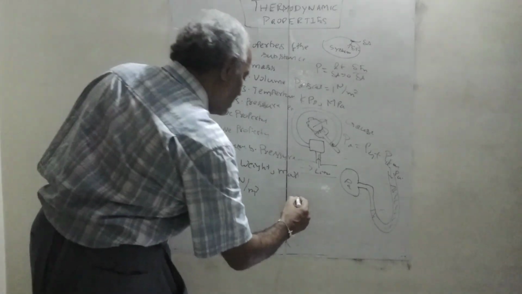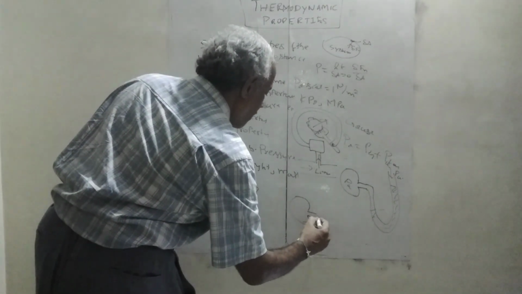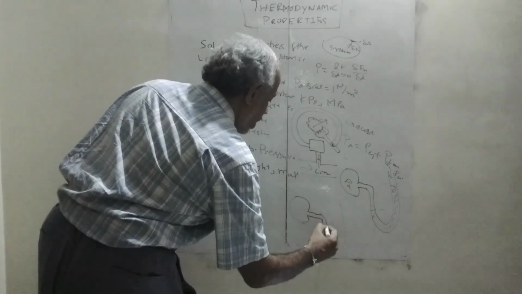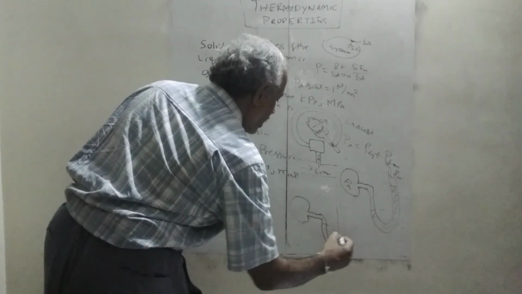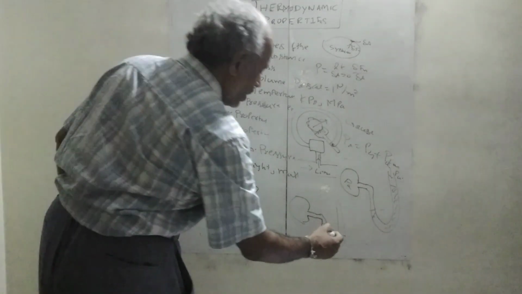In some cases where the pressure in the pipe is lower than atmospheric pressure, the manometer will show the left hand limb higher and the right hand limb lower.